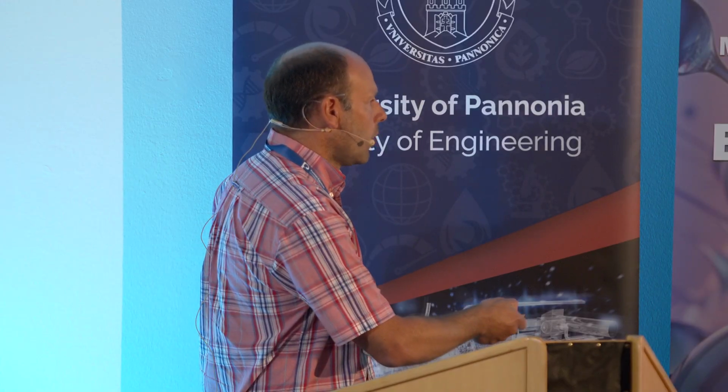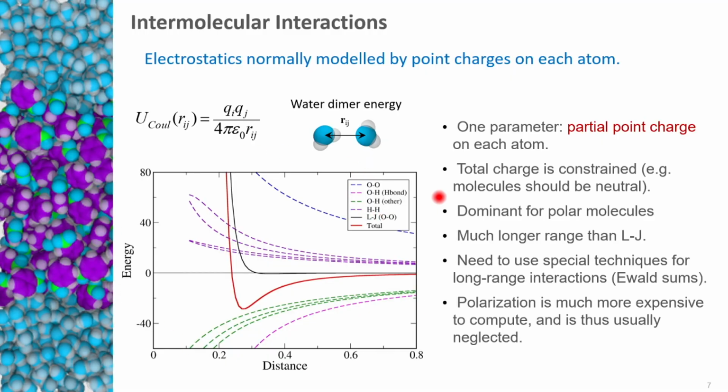And this graph shows you the typical type of interactions between a water dimer forming a hydrogen bond, okay? So you will see that these interactions down here are the attractive ones, okay? So these are the OH, right? Interactions between opposite charges, one positive, one negative, they're all attractive. The pink one here is the one between the H and the O forming the hydrogen bond.